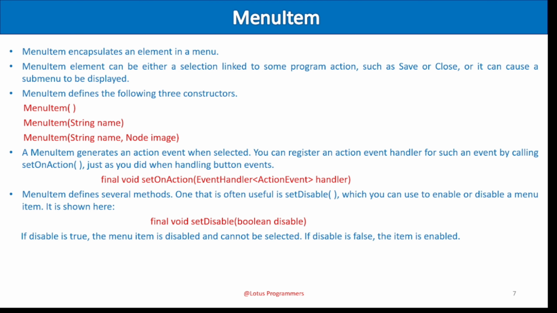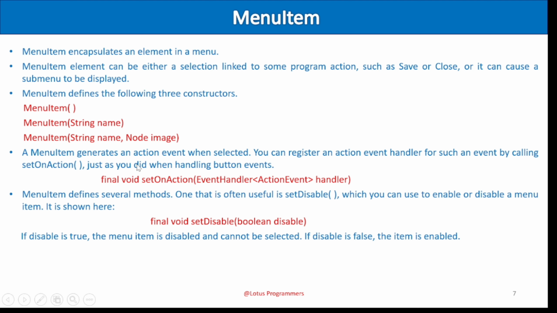Next, we will go for understanding the MenuItem class. MenuItem defines the actual menu item which performs the event. When a MenuItem is clicked only, the corresponding event is performed on the JavaFX scene or on any graphical user interface application.